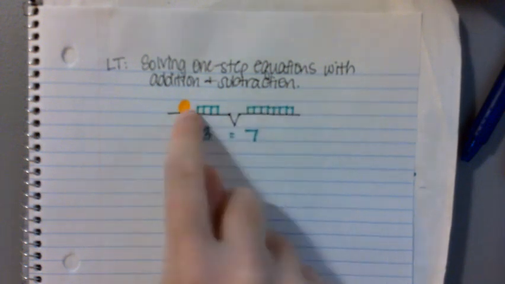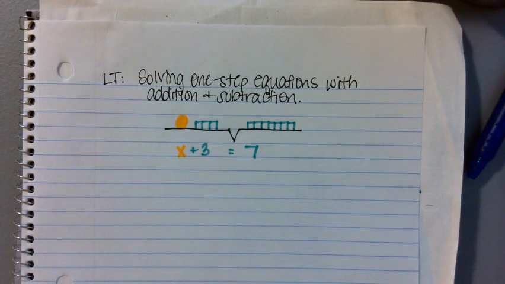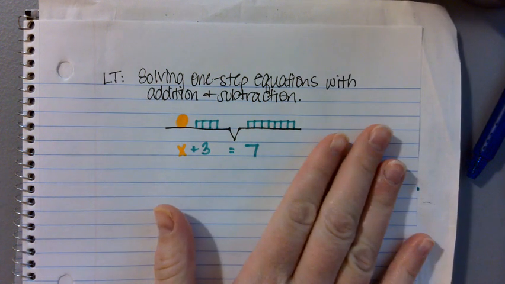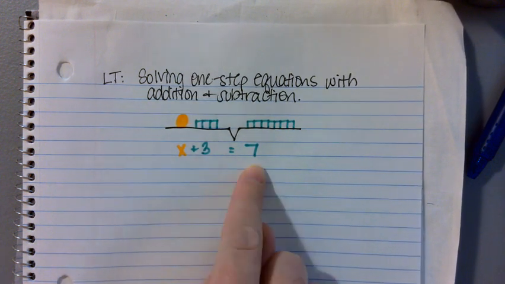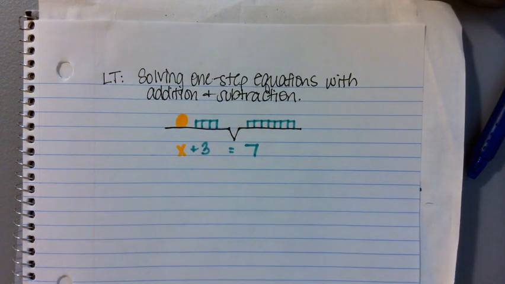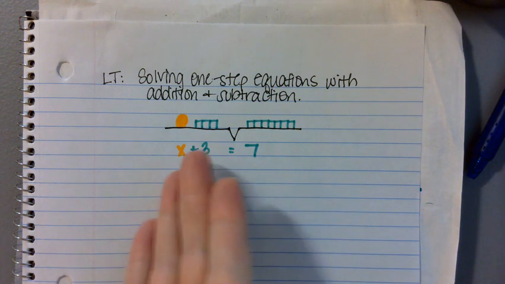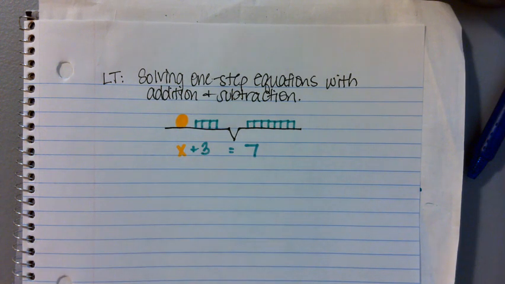Each side is balanced, so I have to figure out what that unknown piece of information is. Now, some of you are able to do this mentally and say, oh, I know what that orange ball weighs. However, we are going to start laying the foundational skills to solving algebraic equations, because these equations are going to get way more complex. So I'm going to give you some resources and some helpful tips and tricks over the next couple days and over the next few weeks that are going to help you solve what X actually is.